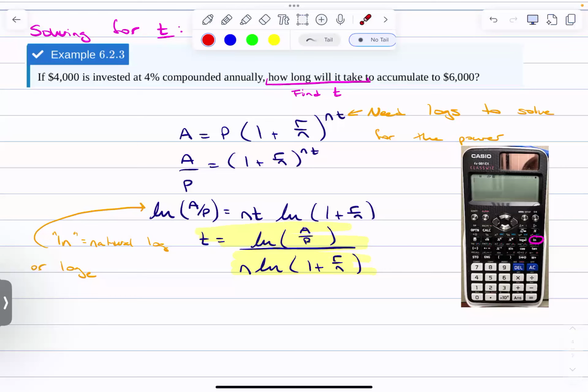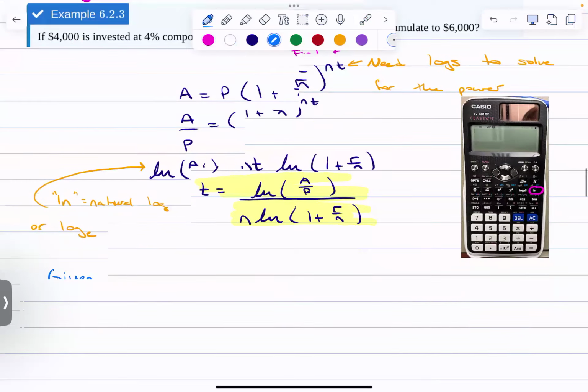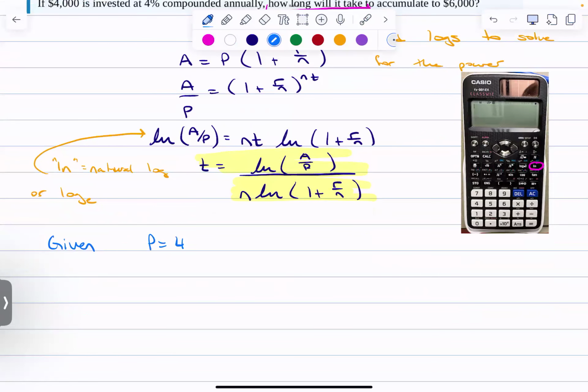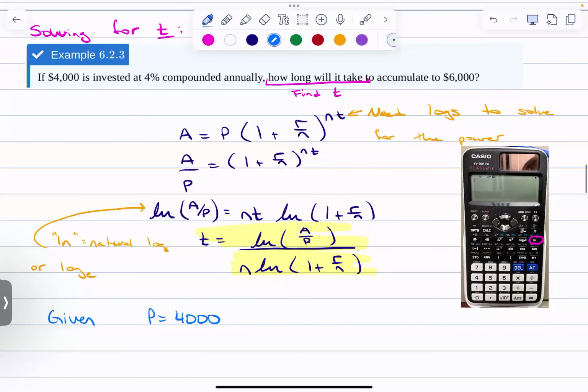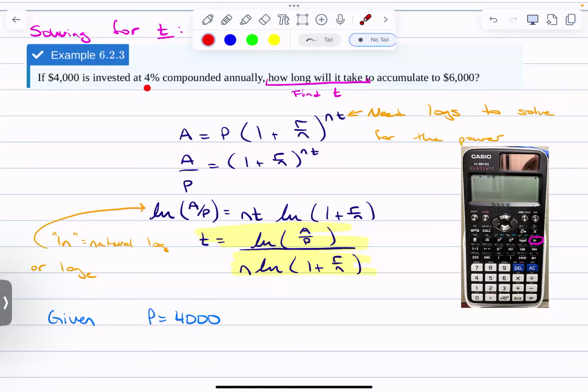Okay. So in this case, we were given $4,000 is invested. Okay, so P is $4,000. At 4% compounded annually.